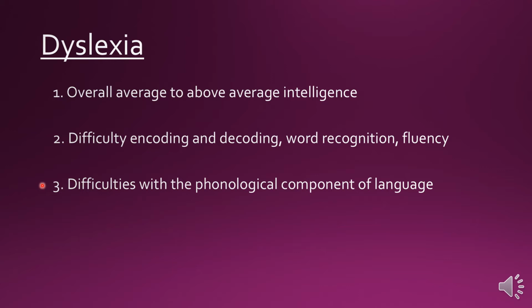What's the third sound you hear in the word map? A, p, p, p is the third sound you hear. It's being able to hear all those sounds and play with them and decode them and encode them and make sense of them, okay? That's dyslexia.